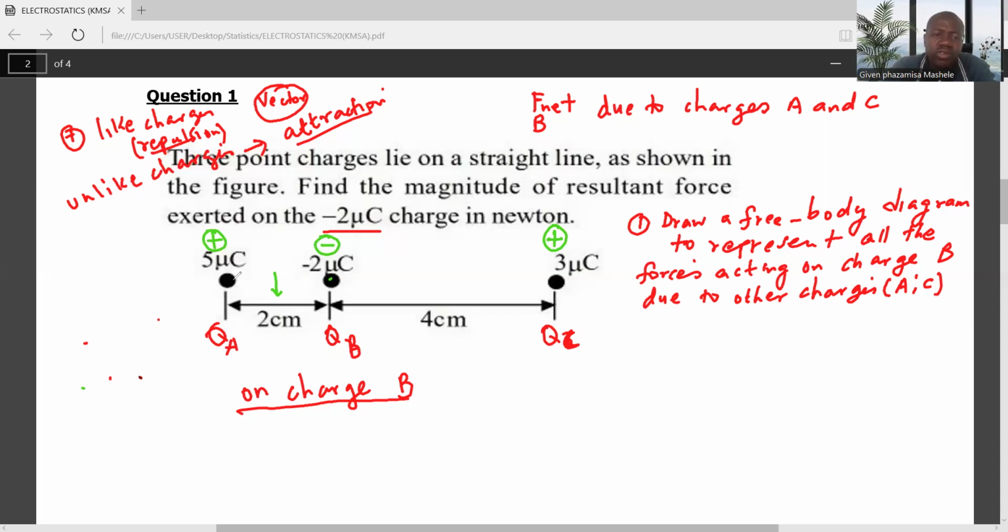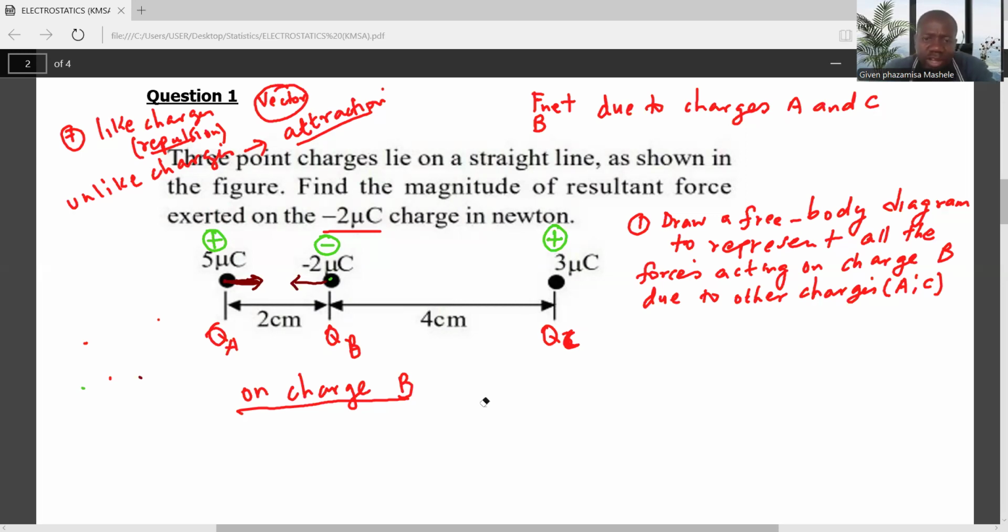So we're going to have an attraction, which means they will have the same force but in opposite directions. So this is what we are going to have.